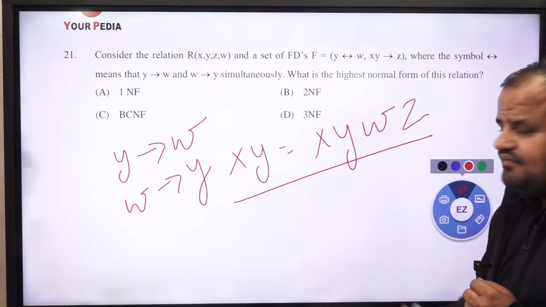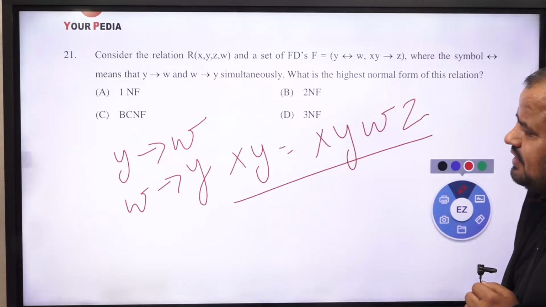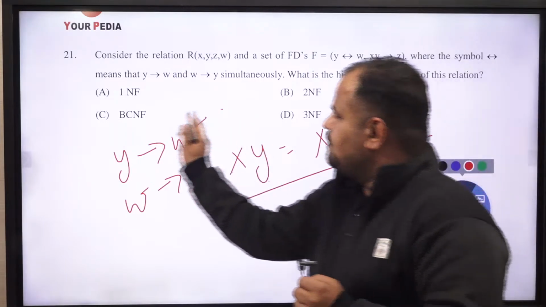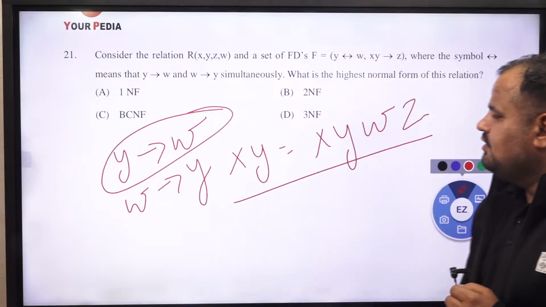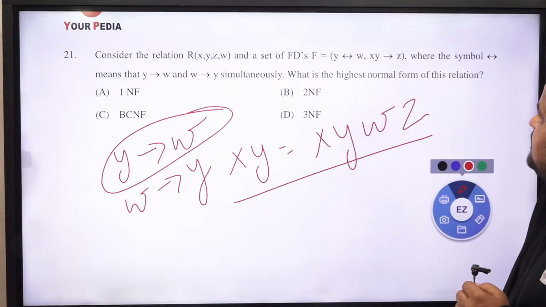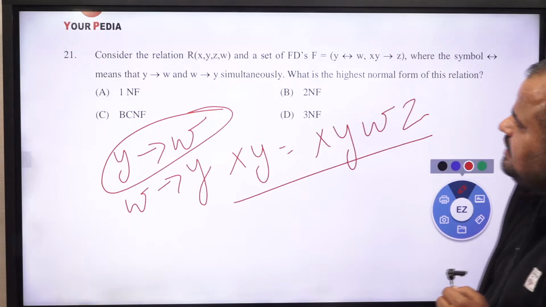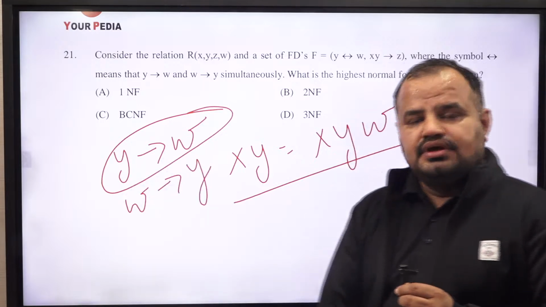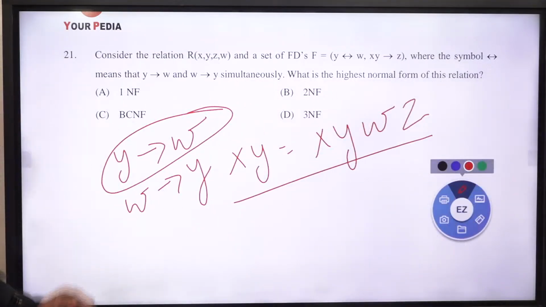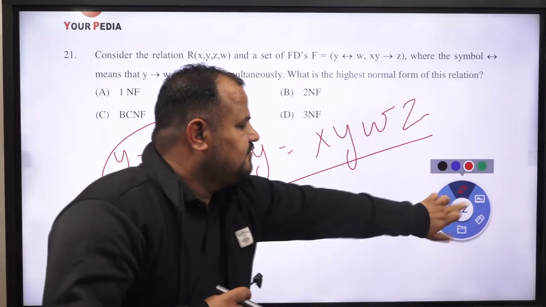Is there any partial dependency? Yes. A proper subset of the key determines a non-prime attribute. That's why it is in 1NF. Y determines W is a partial dependency. Very good, my dear students. So it is in 1NF.